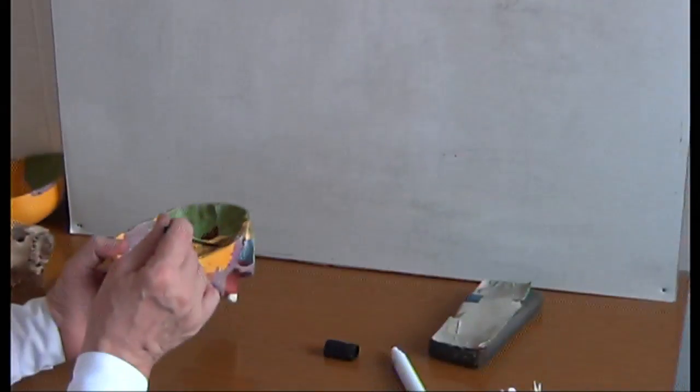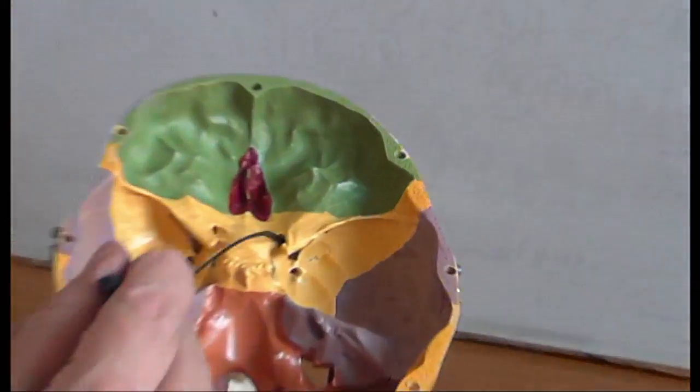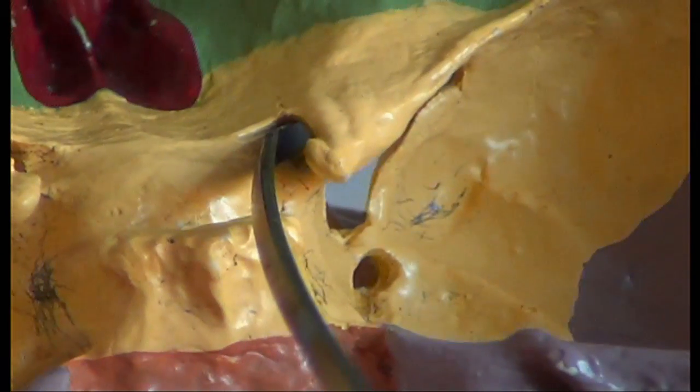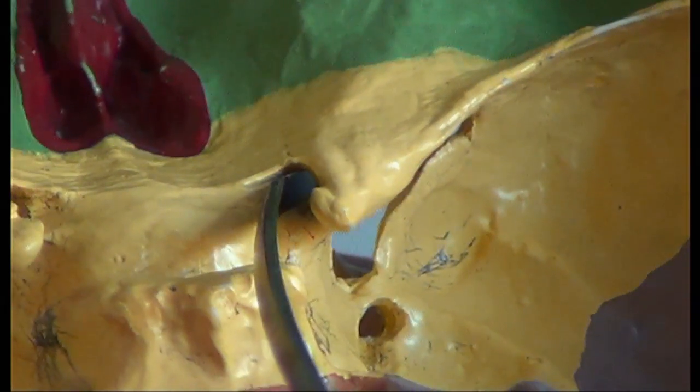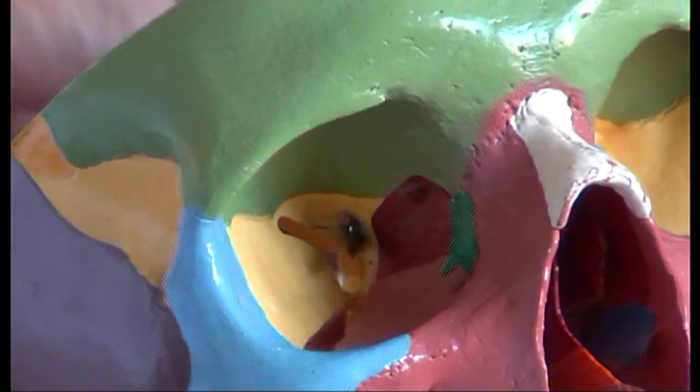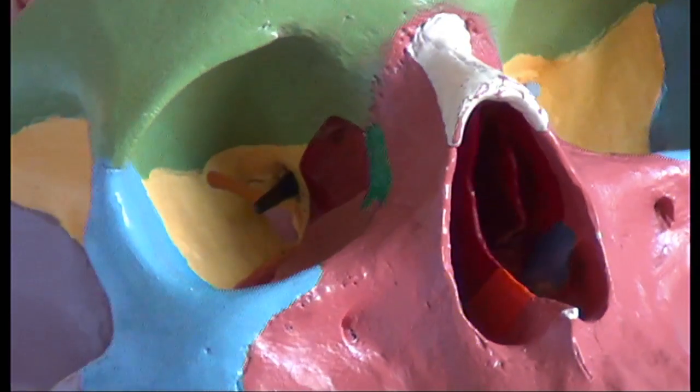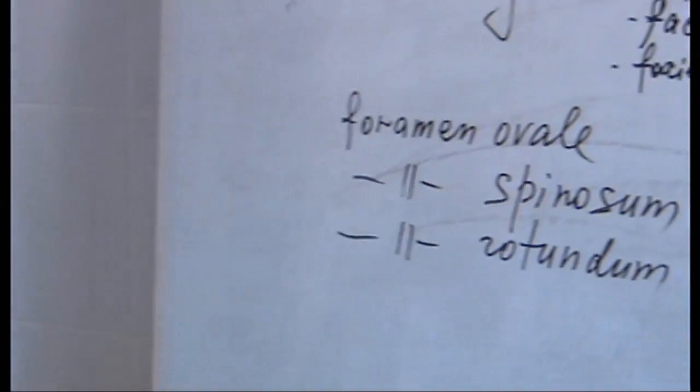And close to these foramen we can find a special canal which leads from the internal surface of the skull into the orbit. It's canalis opticus.